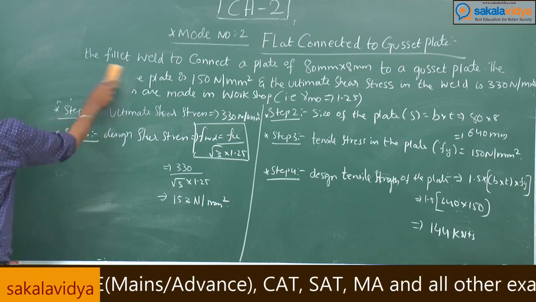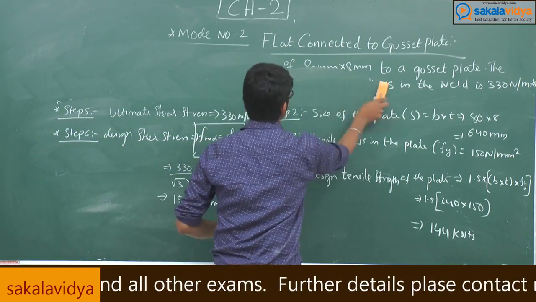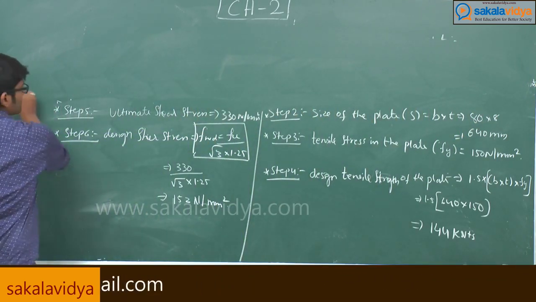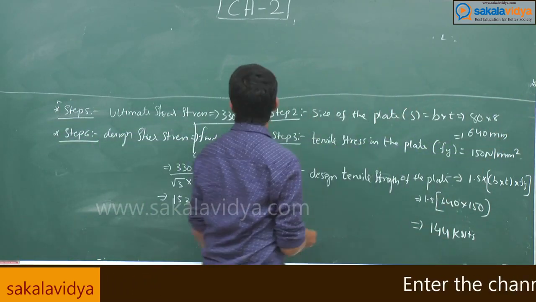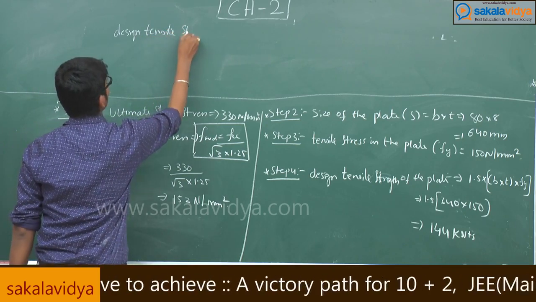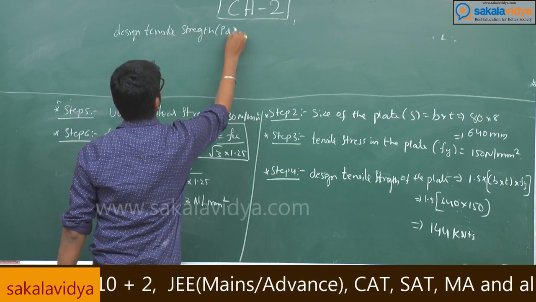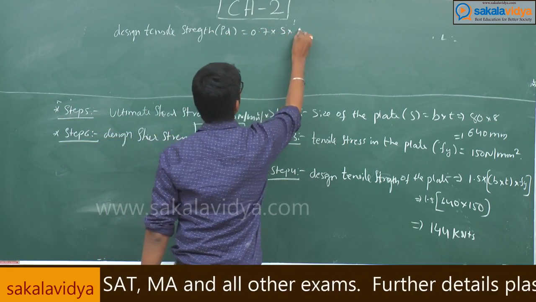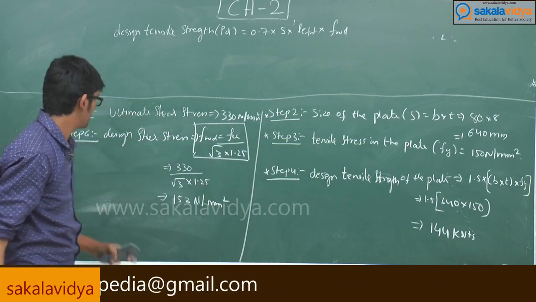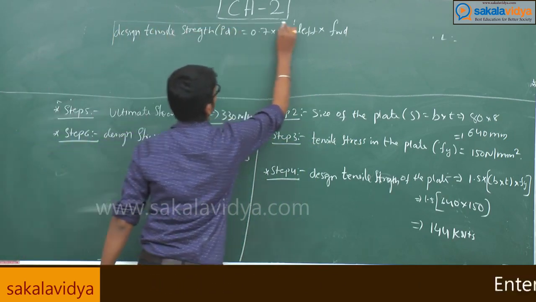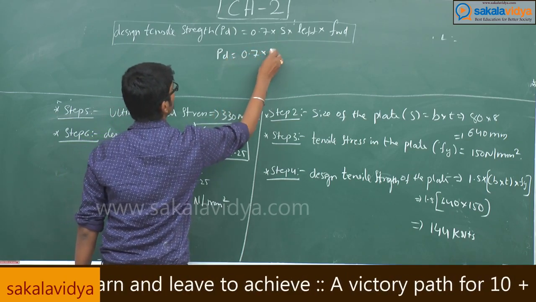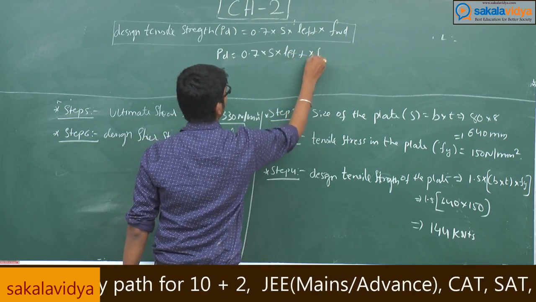The design tensile strength, that is PD, is equal to 0.7 into size of the weld into L effective into FWD, where FWD is the design shear stress. So this is the formula.